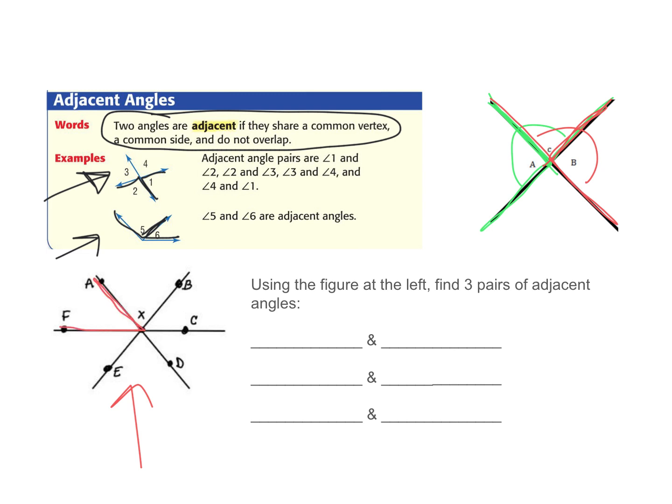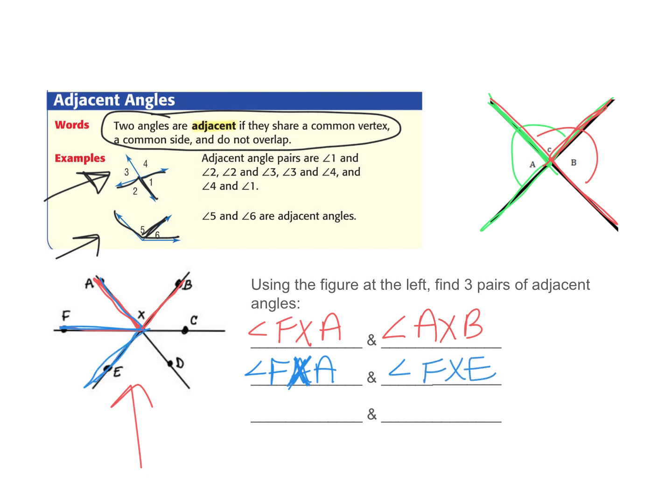So we could do this angle right next to that angle. So I could do angle FXA and angle AXB. I could also do angle FXA, and it's next to, on the other side, angle FXE.